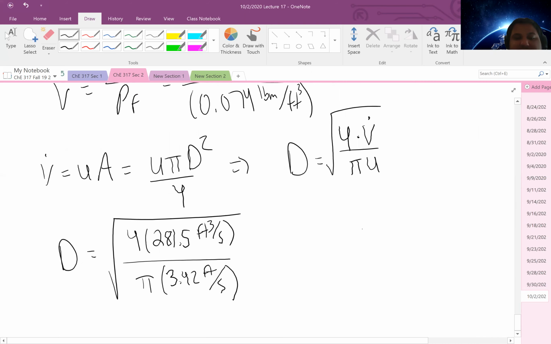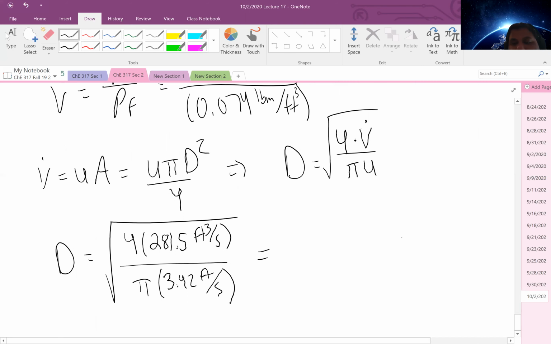Under the radical, I end up with feet squared, so the square root of feet squared is simply feet. If I do this math, I end up with approximately 10.2 feet for my required diameter.